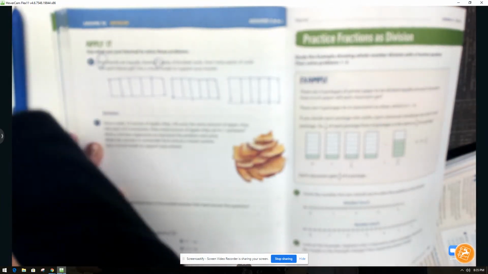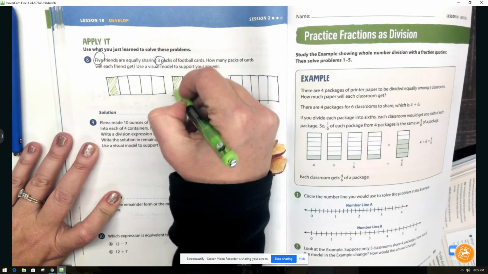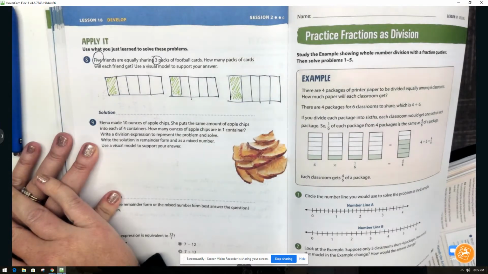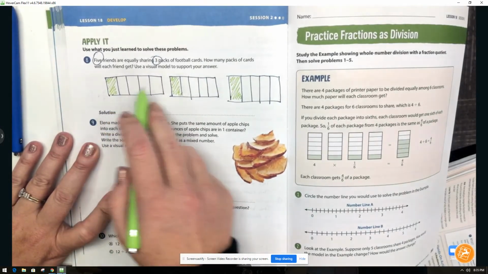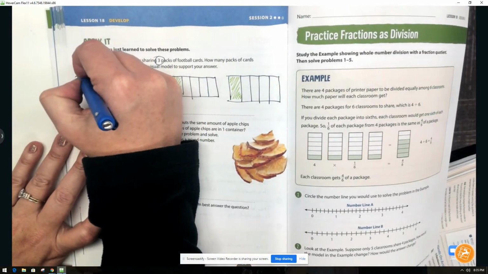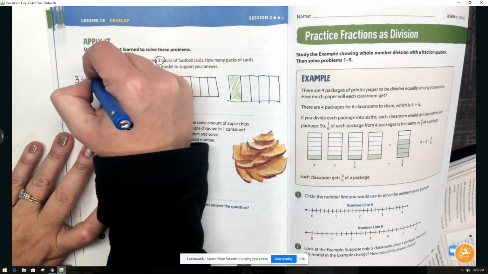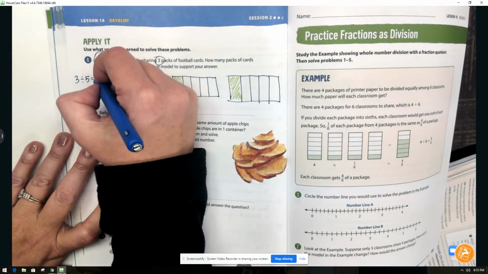And then we're going to color in 1 of each of those packs because we're trying to figure out how much each friend is going to get. So we start out with 3 packs of cards. We divide them by 5 because 5 people are getting them. How many are they each going to get?